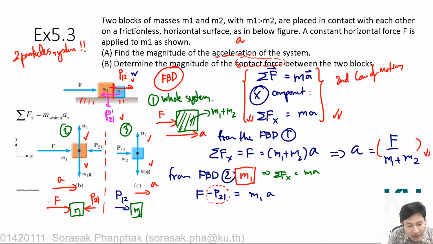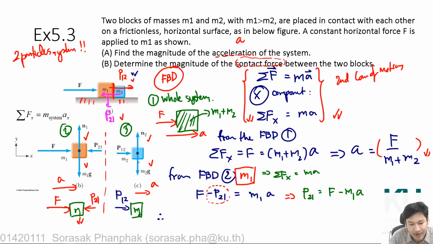So now if you look at only the free body of the mass m1 and rearrange this term, you will see P21 equals F minus m1a, right? You move this to the other side, and the plus sign changes to a minus sign. You have this term. So you substitute the acceleration in, which you already know.